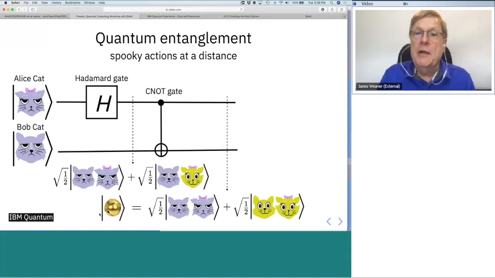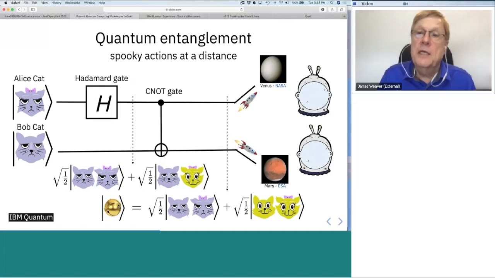And so if they are in that state, and Alice gets into a spaceship and flies to Venus, and Bob gets into a spaceship and flies to Mars, if we observe Alice on Venus and she's happy, then we're 100% certain that Bob, when we observe him, will be happy.